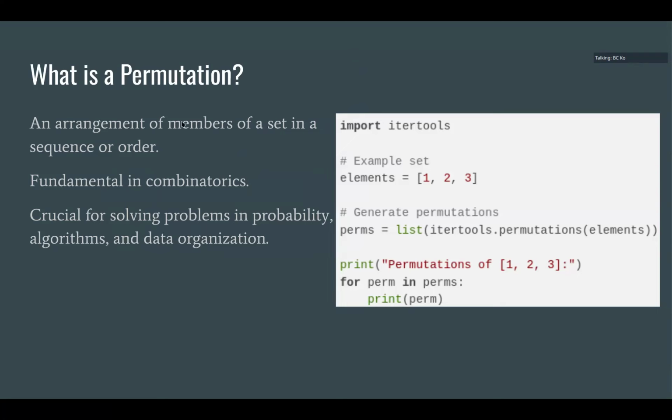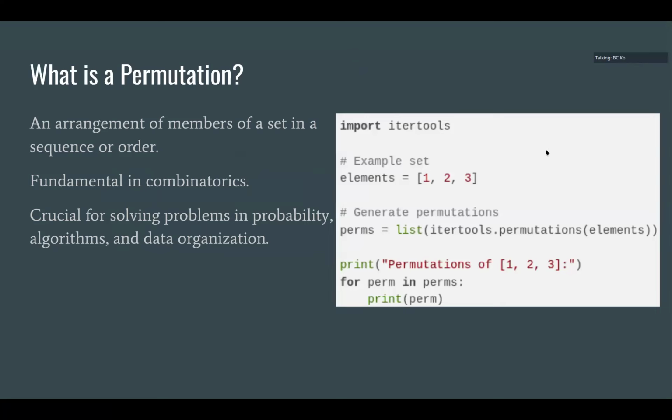Understanding permutations is crucial because it helps us solve problems related to probability, algorithms, and data organization. For example, when arranging books on a shelf or determining possible outcomes in a game, we are dealing with permutations.